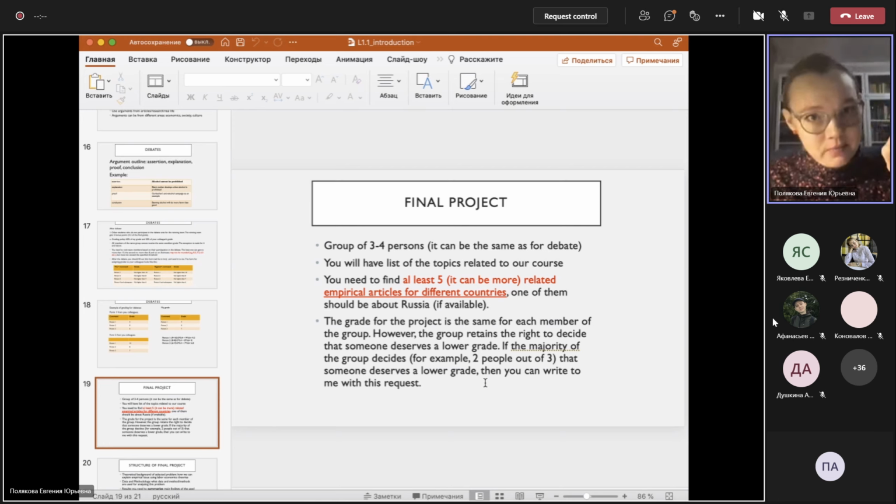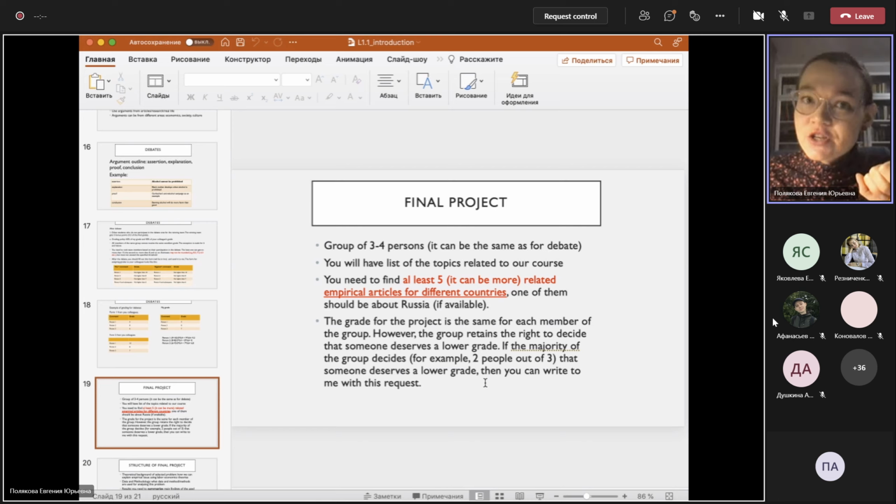But if you think that some member of your team did not work during preparation of this final project, you can vote inside your group and decide that someone deserves a low grade. It is an option for punishing a free rider.